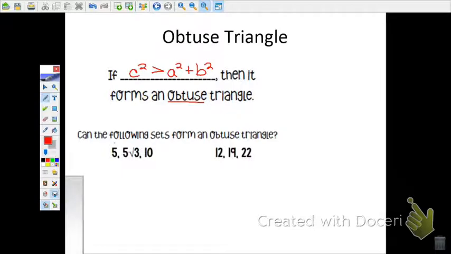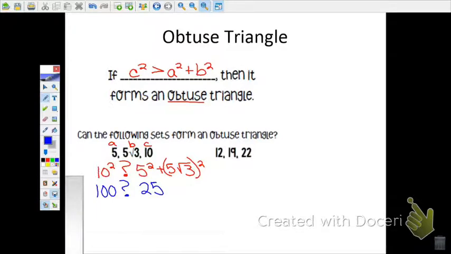So again, we've got our 3 side lengths. So we plug it into Pythagorean theorem. 10 squared, question mark, 5 squared plus 5 square root of 3 quantity squared. So we have to square that whole thing. 10 squared is 100. 5 squared is 25. So what's going to be 5 square root of 3 squared?